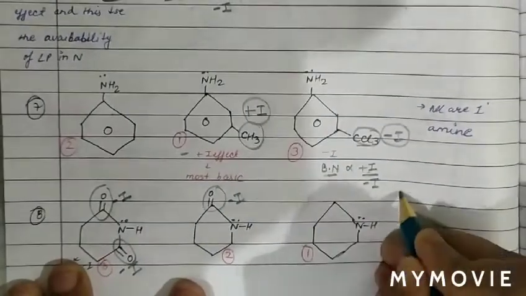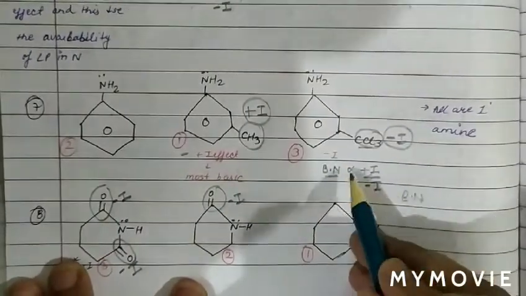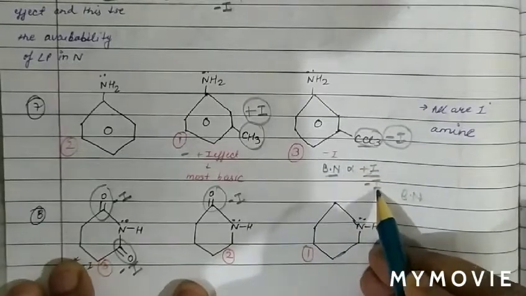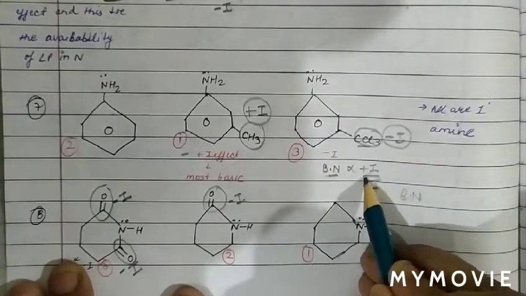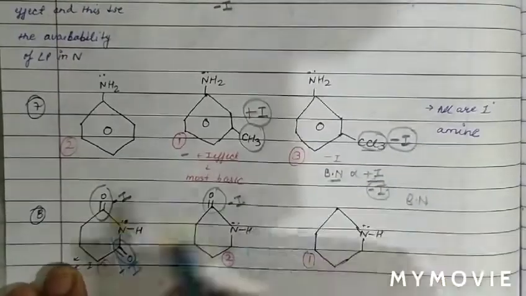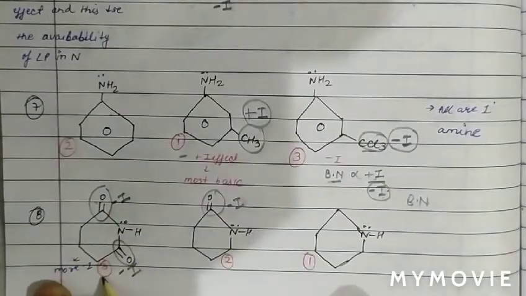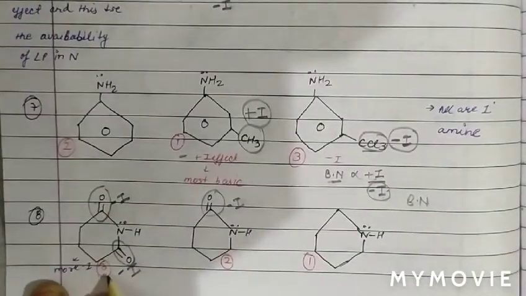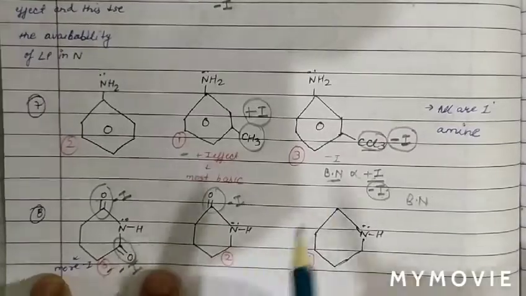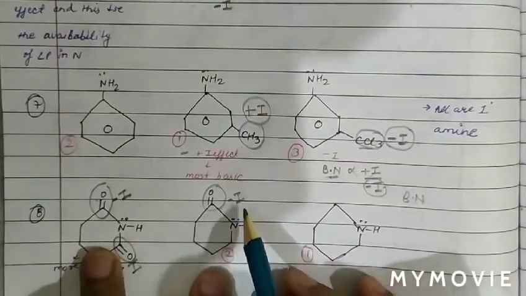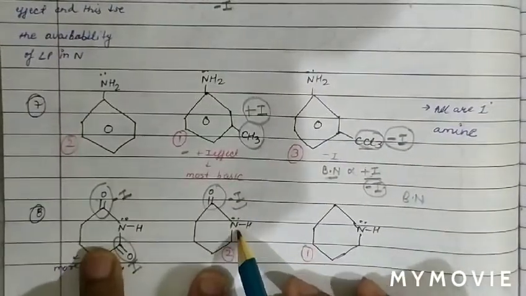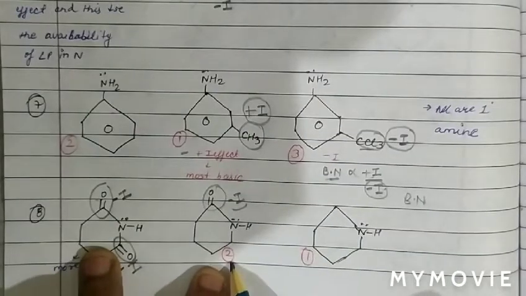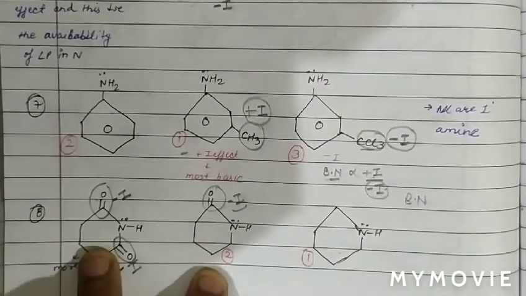So basically we know basic nature is directly proportional to plus I and inversely proportional to minus I. If more minus I groups are there, it means least basic nature. So more minus I means less basic. So the basic nature of this compound is at number 3. And here there is one minus I group, so the minus I group again decreases the basic nature. So it is at number 2. And most basic is this one.